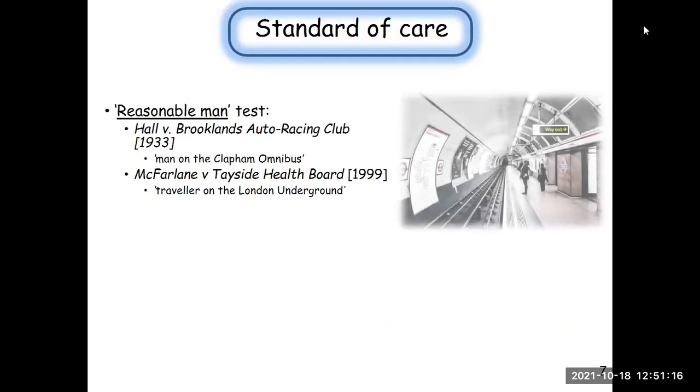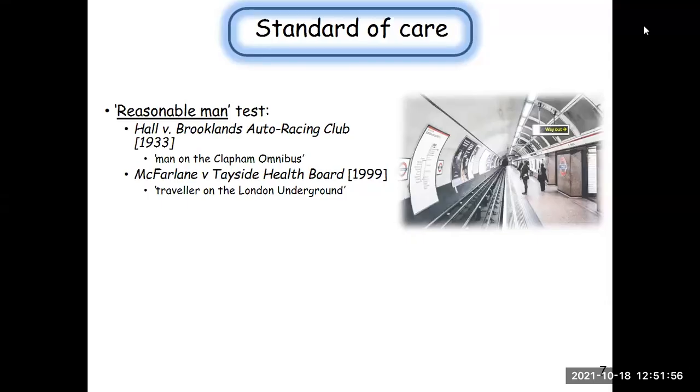That is the way in which we judge whether or not a person fell below the standard that would be expected. In negligence cases, we use a test called the reasonable man test. That reasonable man nomenclature, in other words the term the reasonable man, was first coined in the case of Hall versus Brooklands Auto Racing Club.